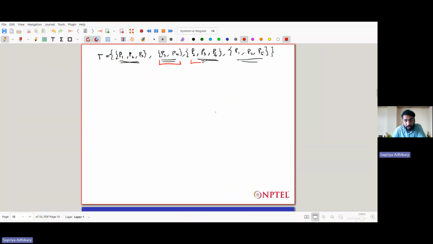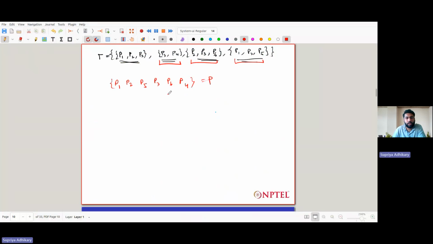So now let's take this set. For these three sets, we have P1, P2, P5 from this set, then P3, P6 from this set, and finally we have P4.